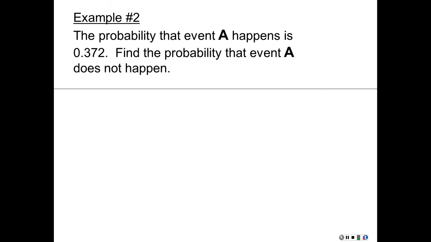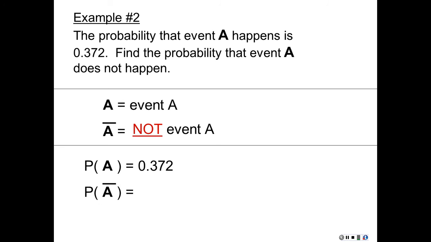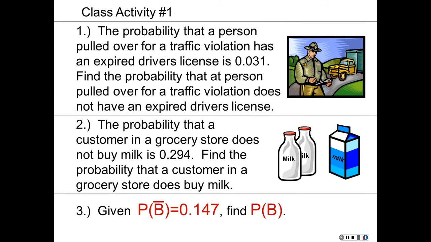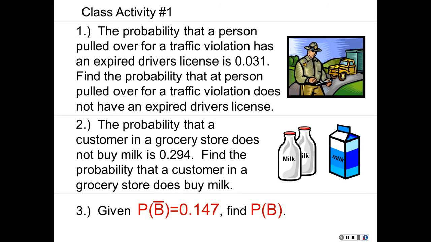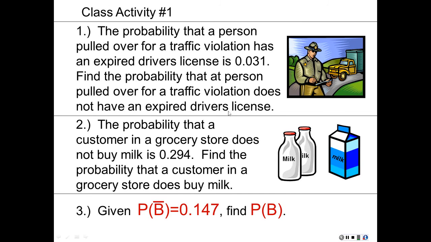Find the probability that event A does not happen. So it is 1 minus 0.372, which is 0.628. And that's your answer. I would like you to work these out, and I will post the answers to them on D2L.